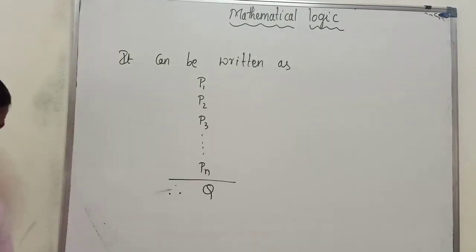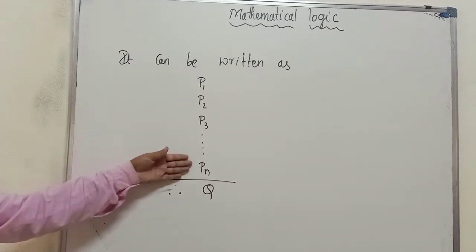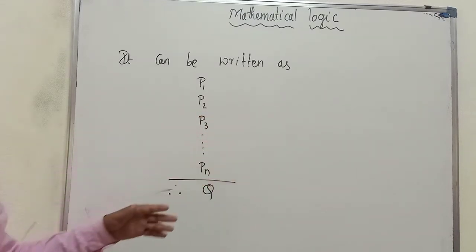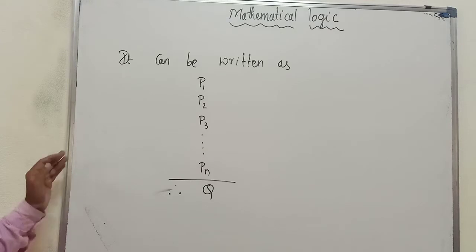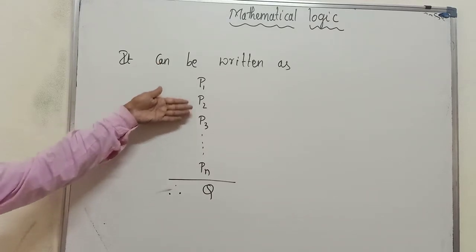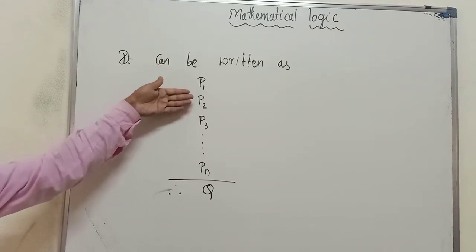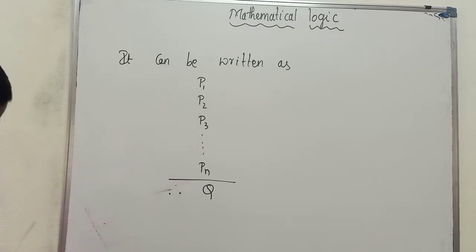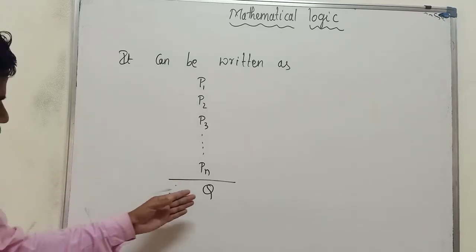Next we come to the valid argument. We say an argument P1, P2, and so on conditional Q is said to be a valid argument if all these premises P1, P2, and so on are true, then Q is true.